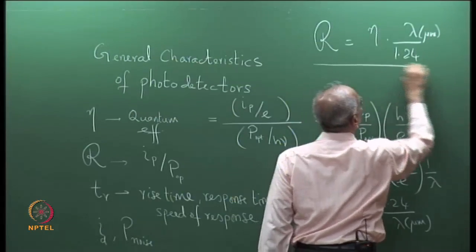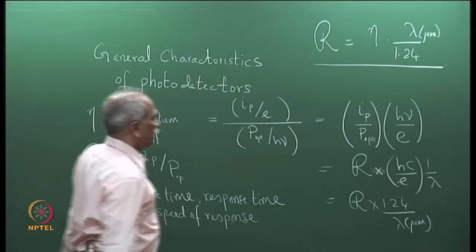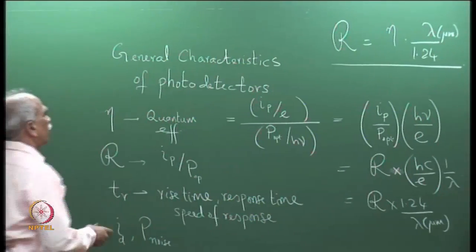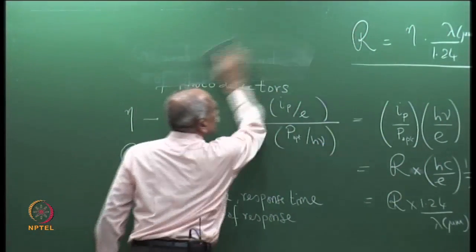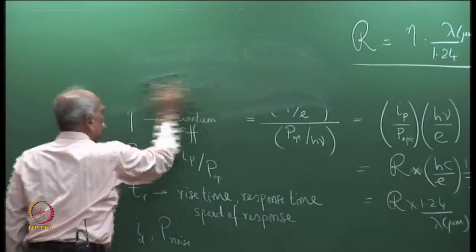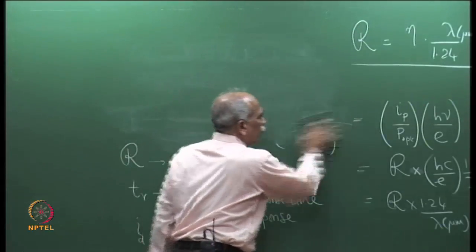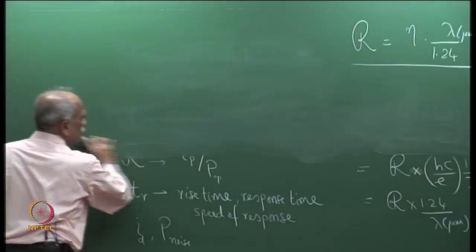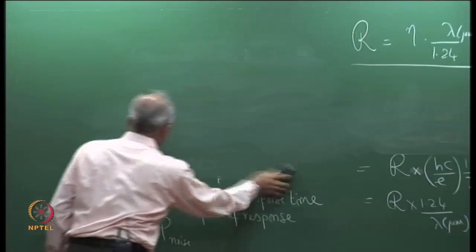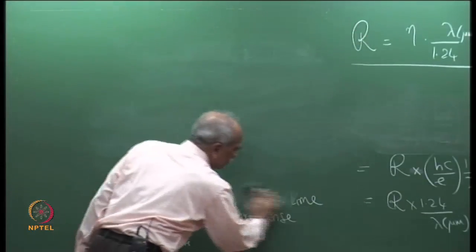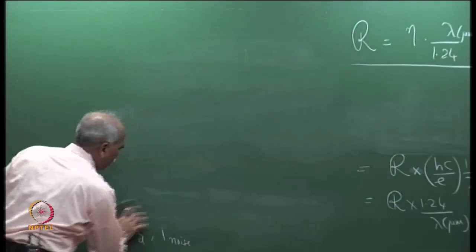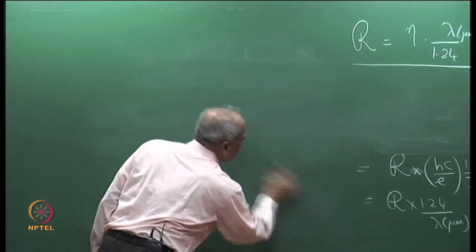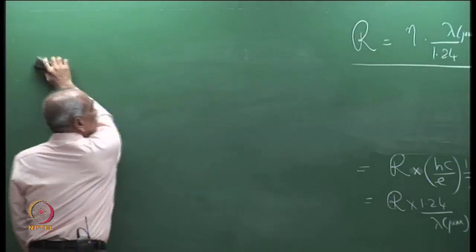If we substitute lambda in micrometers, then the responsivity of a photodetector can be written in the form R equal to eta into lambda divided by 1.24, where eta is the quantum efficiency of the material of the detector.